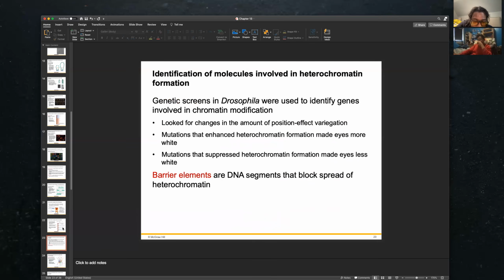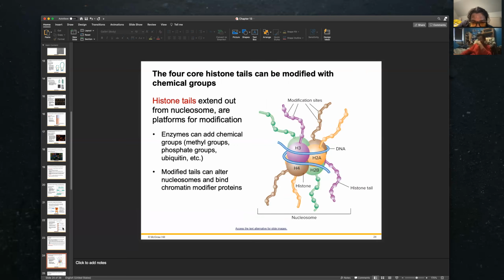The last part: barrier elements are DNA segments that block the spread of heterochromatin. The histone tails can be modified with chemical groups. This is where we're going to talk about methylation and stuff like that. Ubiquitination usually means that it's going to be sent to be destroyed.